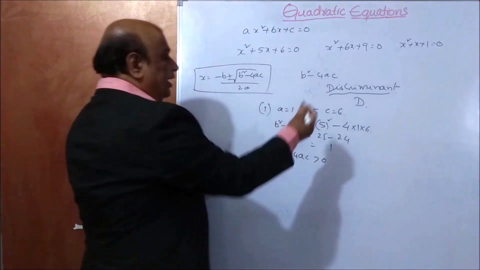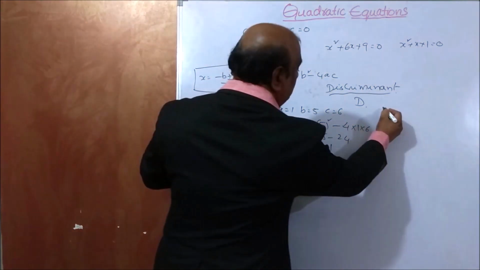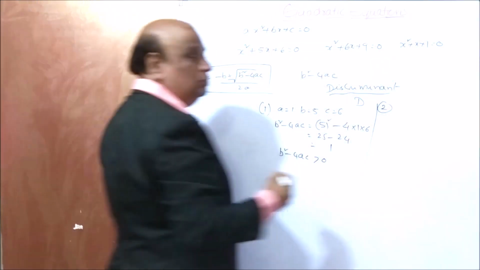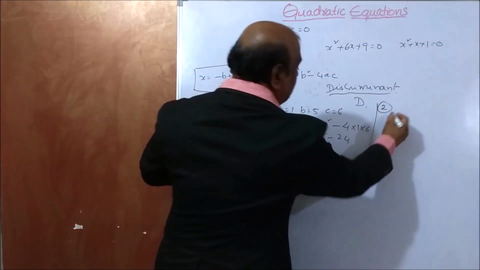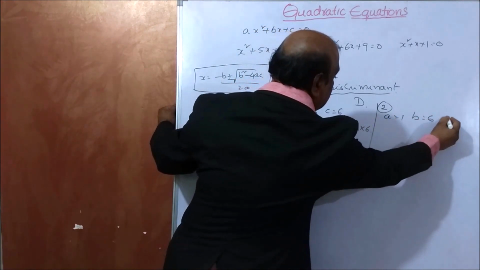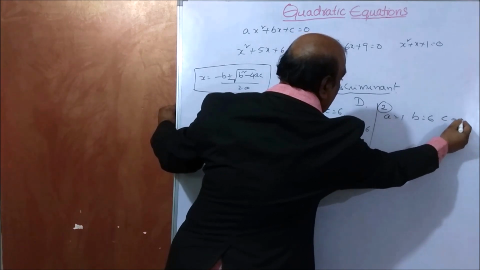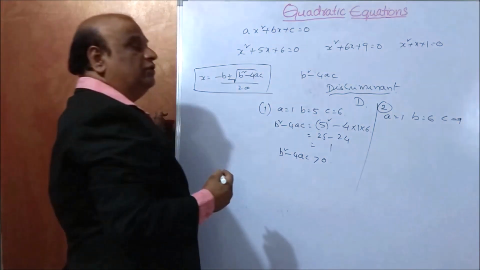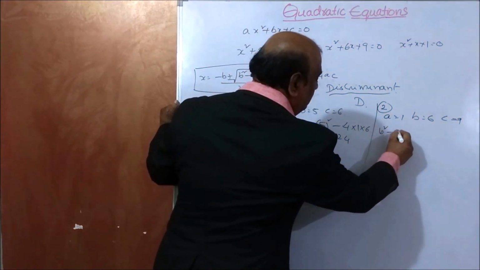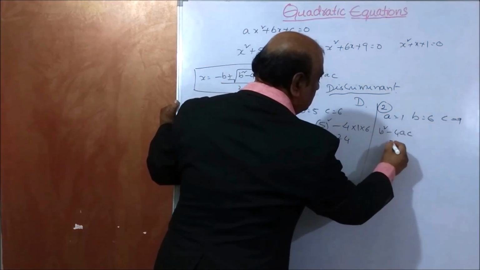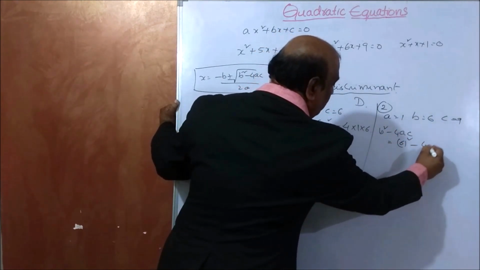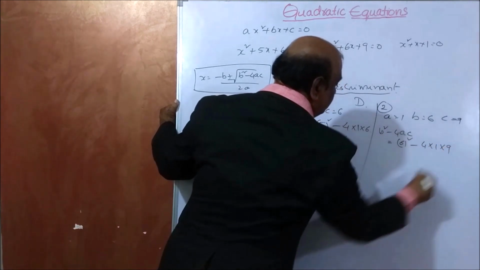What about case 2 here? In the second problem, a is equal to 1, b is equal to 6, c is equal to 9. b square minus 4ac is equal to 6 square minus 4 into 1 into 9.